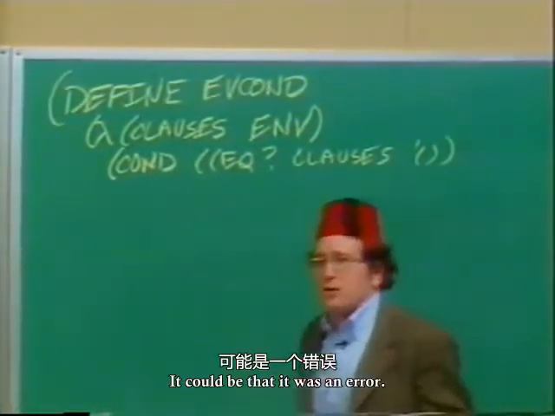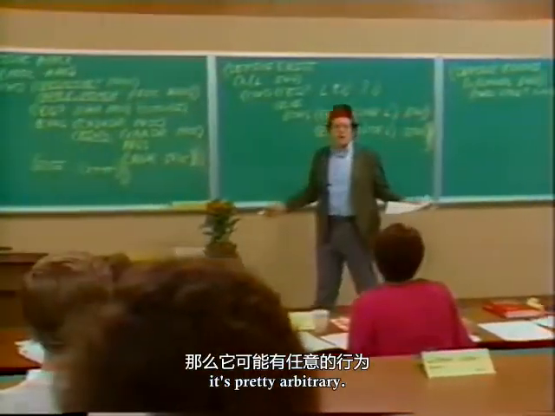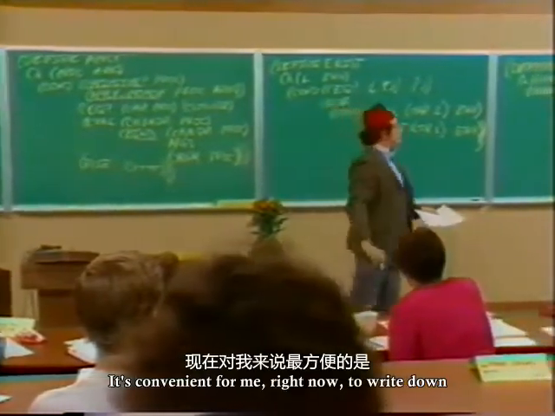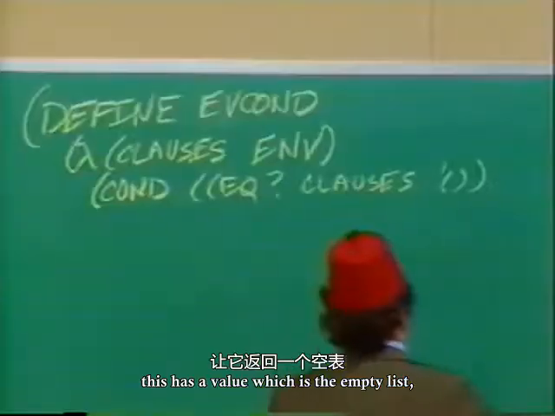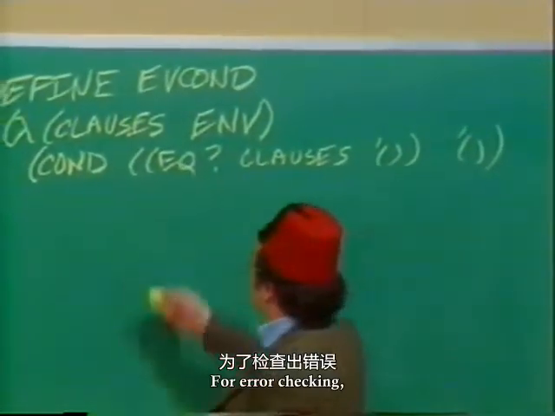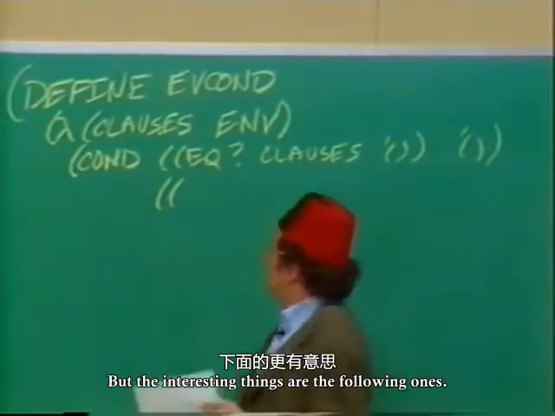It could be that it was an error. Supposing I run off the end of a conditional. It's pretty arbitrary. It's up to me as programmer to choose what I want to happen. It's convenient for me right now to write down that this has a value, which is the empty list. Doesn't matter. Right? For error checking, some people might prefer something else. But the interesting things are the following ones.